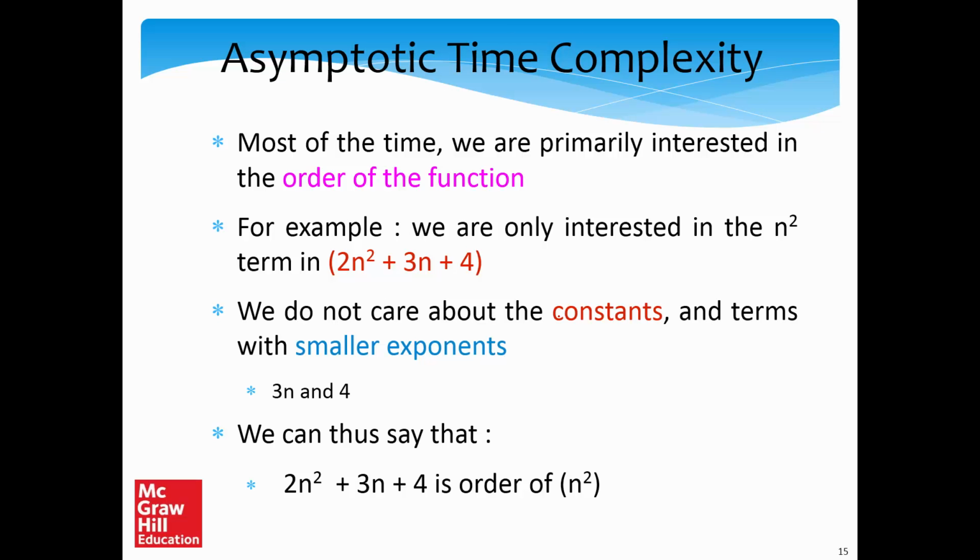So let me now define the notion of asymptotic time complexity, which is very important in computer science. Most of the time we are primarily interested in something called the order of the function. For example, consider the expression 2n square plus 3n plus 4. 3n is important, 4 is important, but consider n to be a fairly large value.